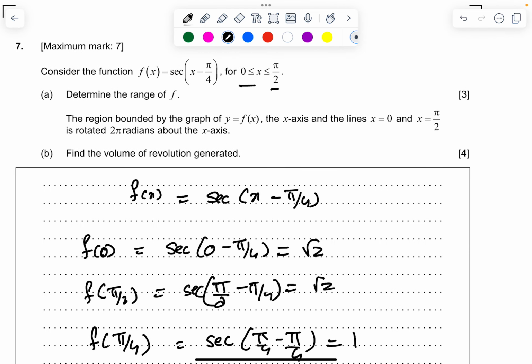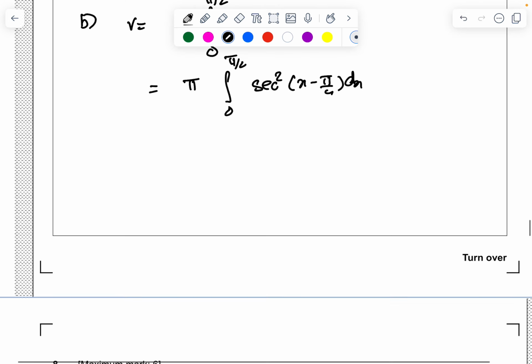The region bounded by the graph and the x-axis is rotated by 2 pi radians along the x-axis. Find the volume generated. So volume equals pi integral y square dx from 0 to pi by 2. So it's going to be pi integral 0 to pi by 2 of secant square of x minus pi by 4 dx. The integral of secant square is tan of x minus pi by 4, from 0 to pi by 2.